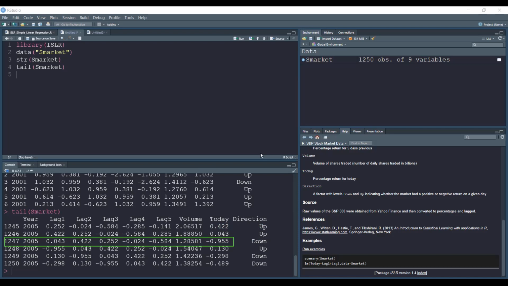Would you like if we took just the today? So we do S market today. So that would be just the values in the today column. And you can even get an idea of the way the stock market behaved by doing plot.